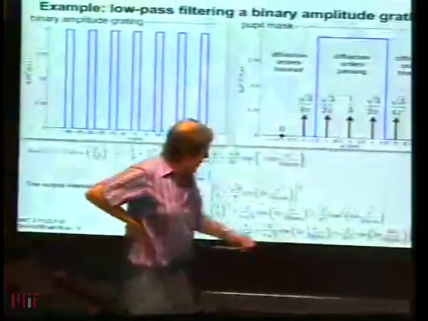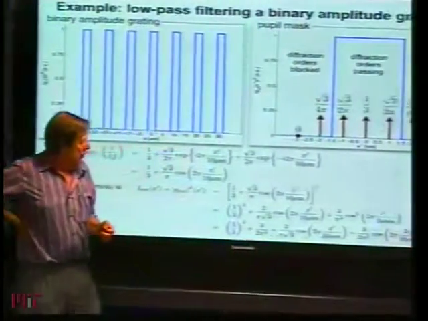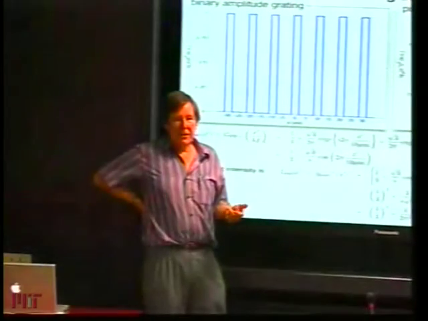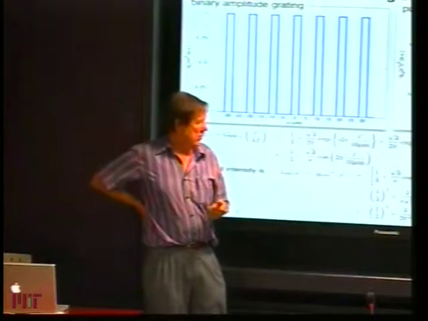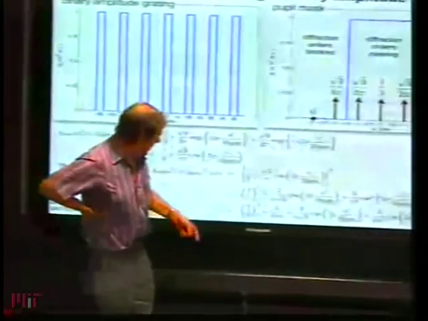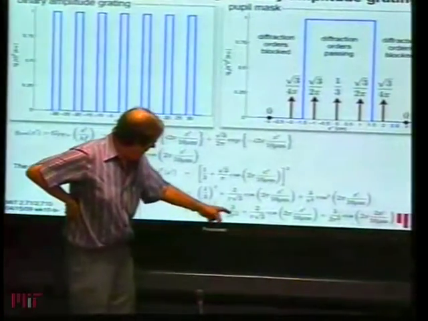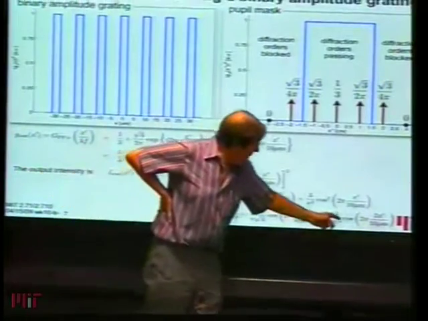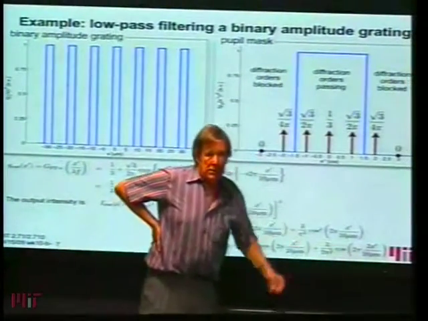Cos 2 theta equals 2 cosine squared theta minus 1, which allows us to write cos squared theta is (1 plus cos 2 theta) over 2. So this cos squared we can now replace by a constant plus a cosine of twice the angle. So this is the constant bit, and this is the cosine of twice the angle.